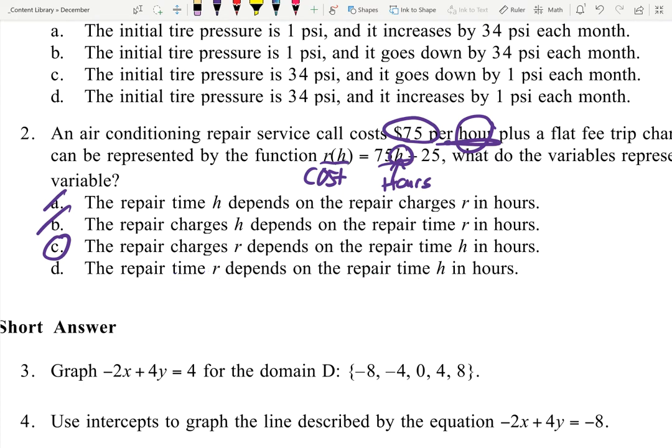That makes no sense at all. Definitely not answer choice D. So sometimes just reading it and thinking about it, you don't have to know a whole lot of math. You just have to be able to use a little bit of your common sense. So yeah, it gets confusing because it all seems very similar. But take your time, read each question carefully, and you should be able to find the answer.